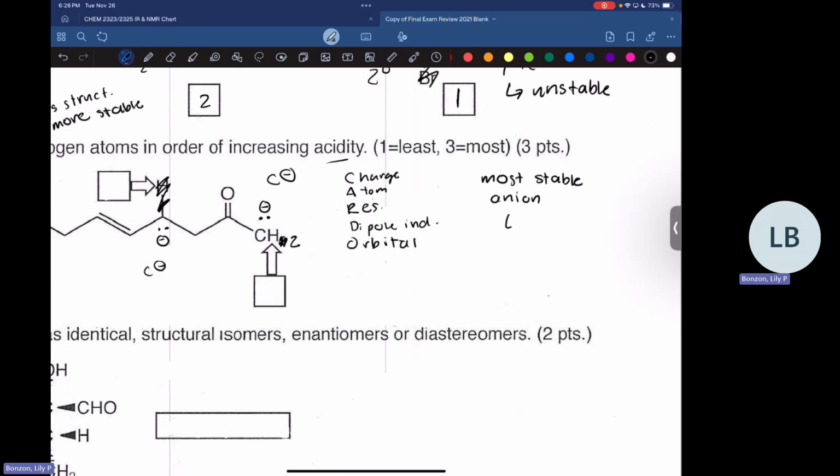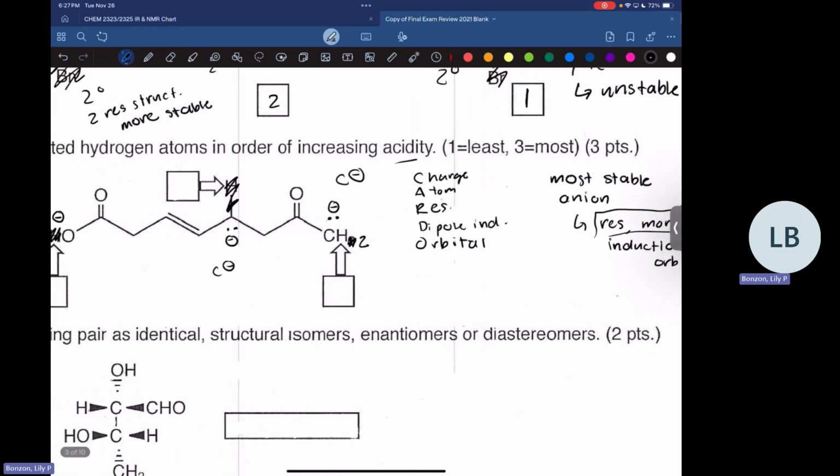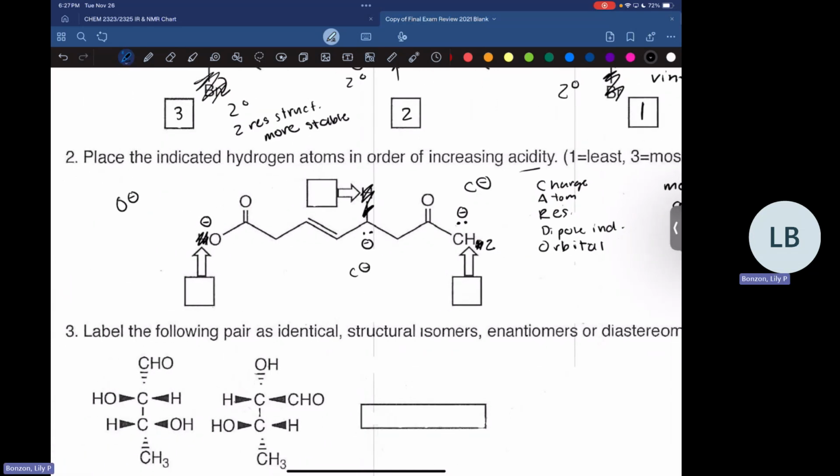And to do that, we want either resonance, we want a more electronegative atom, or we want like induction effects or the orbitals. But for the purpose of this question, we only need to look at resonance and more electronegative atoms. Again, you'll notice that we have O minus, C minus, and C minus. So O minus is going to be a more electronegative atom because electronegativity increases going up and to the right of the periodic table.